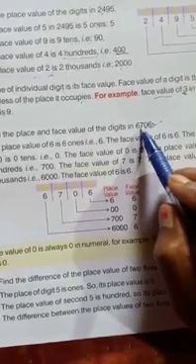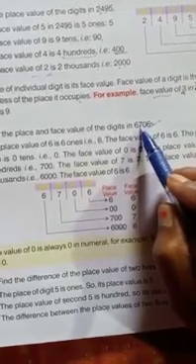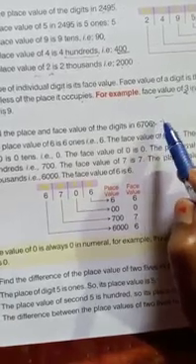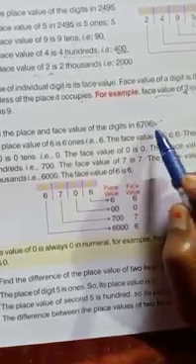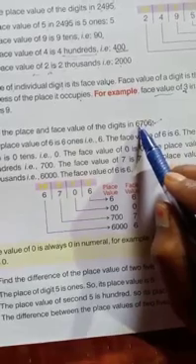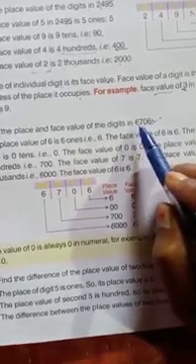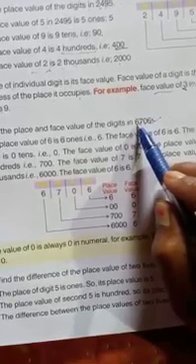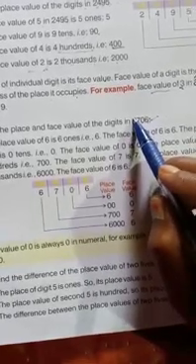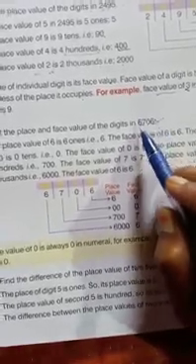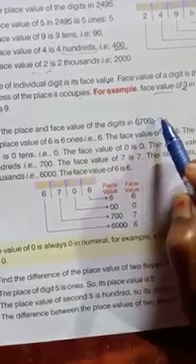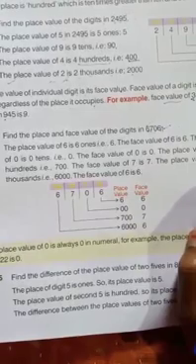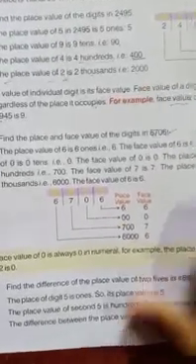So the place value of 7 is 700. Then 6: the face value of 6 is 6, but the place value of 6 is 6000.